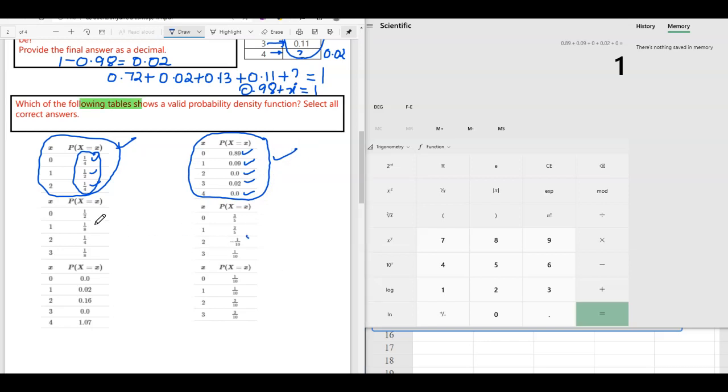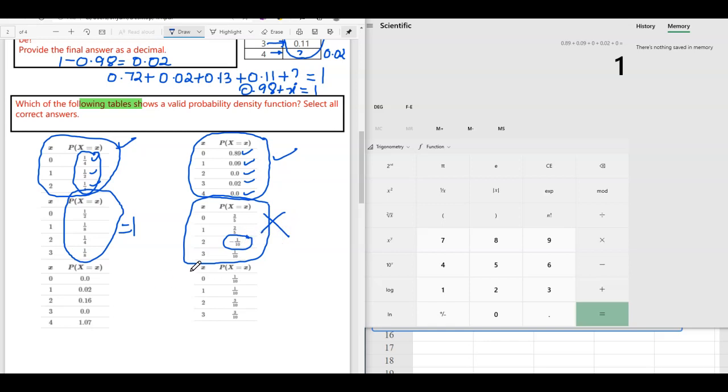Now let me look at the next one here. So you do the same thing. You simply take all the probabilities and add and see if that ends up with a 1. But wait a minute. When I look at this particular table here, I see a negative, and I know I cannot have a negative probability, so this is not a valid probability density function.